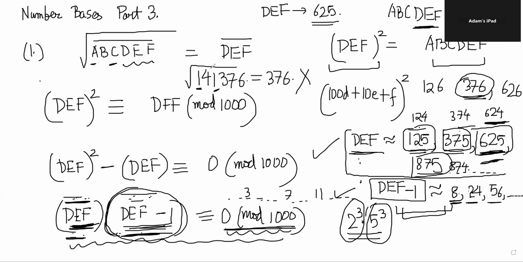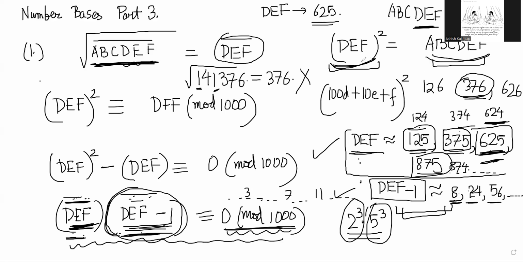So notice what we have done. Since this is a 3-digit number, DEF mod 1000 is DEF only, right? And ABCDEF mod 1000 is also DEF. So if you take mod 1000 on both sides, you are getting DEF squared is congruent to DEF mod 1000.